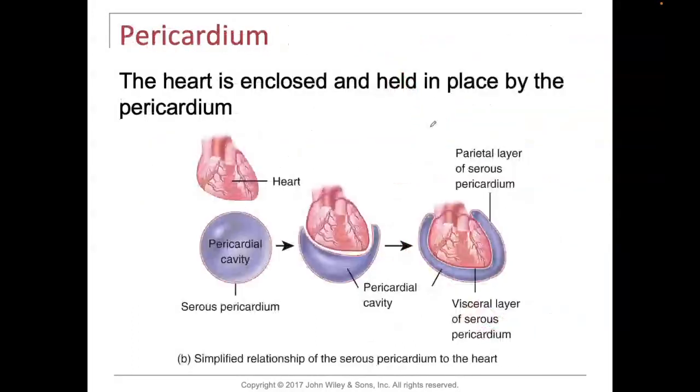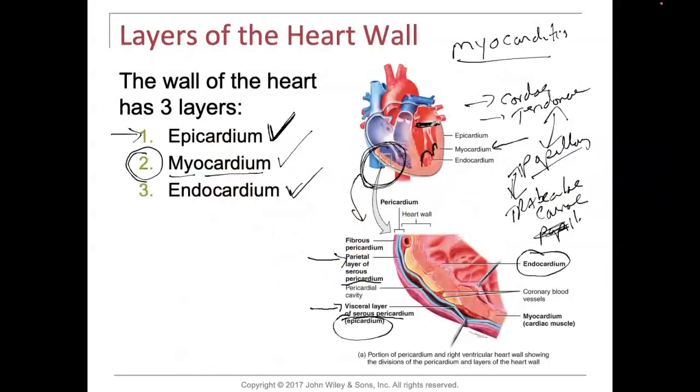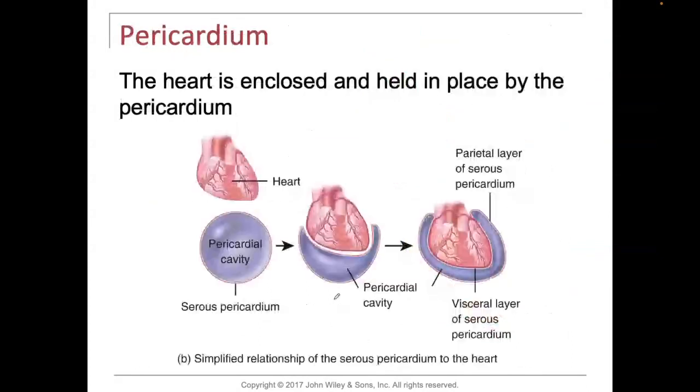So now let's go and figure out, how do we get the parietal layer and how do we get the visceral layer of the pericardium? So here's the heart, and let's say this is a balloon. Think of this as a balloon. So here's the balloon, and inside is a cavity.